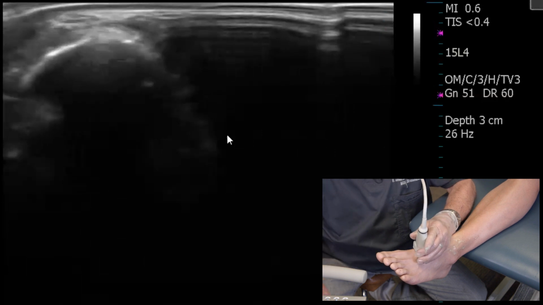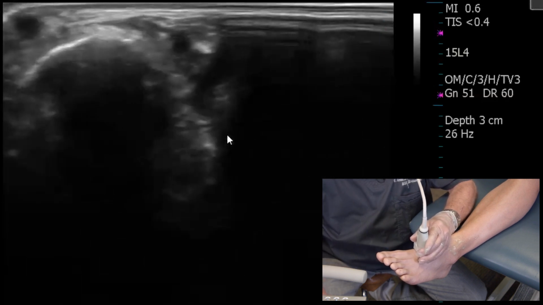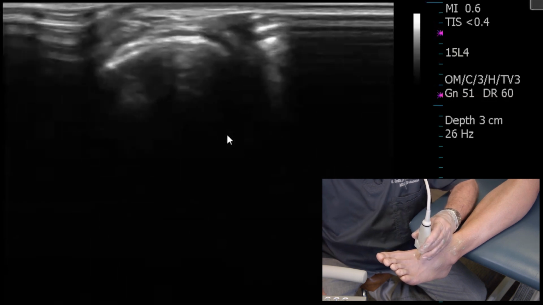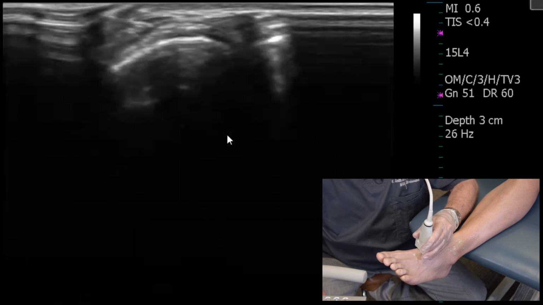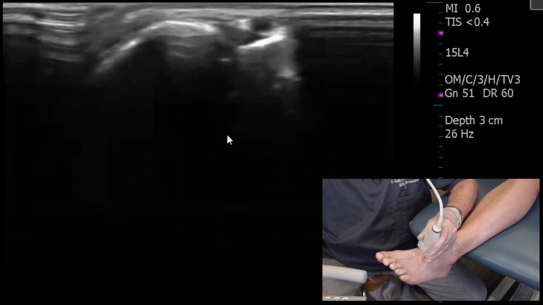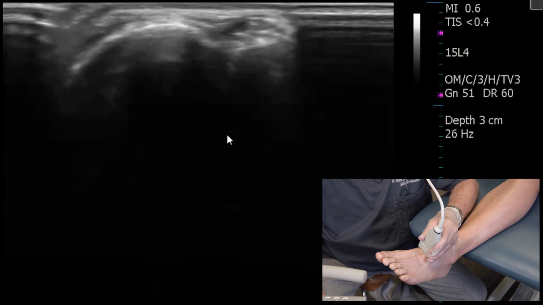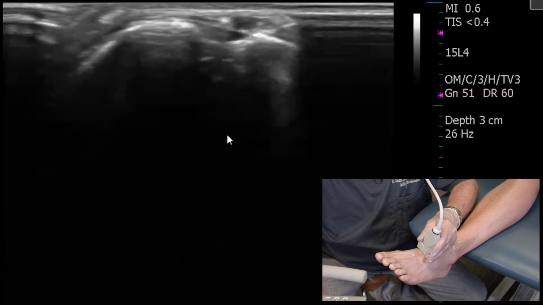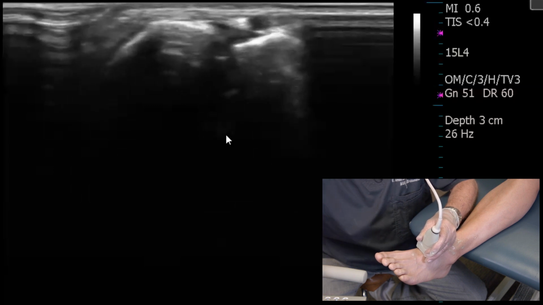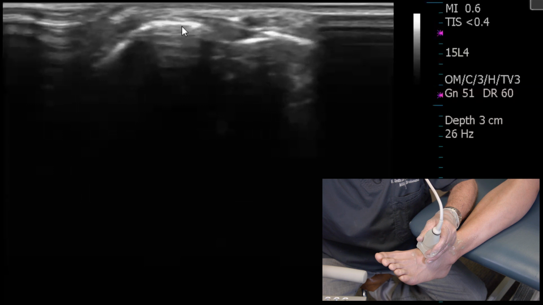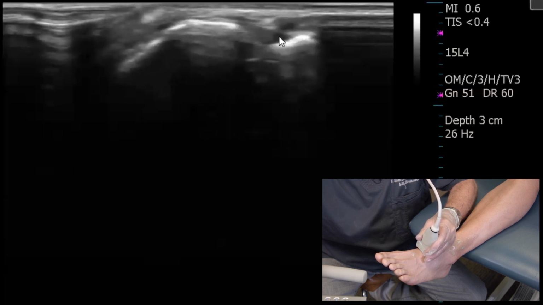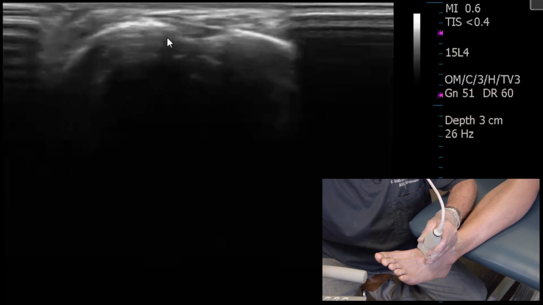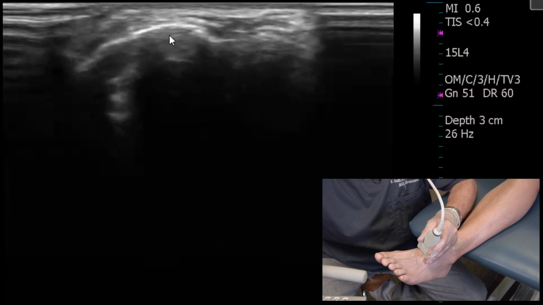So, starting in a short axis view on the base of the first metatarsal, I'm going to slightly move to the lateral side of the foot, where I'm going to pick up the second cuneiform. You can see the second cuneiform here, and the first cuneiform is here.